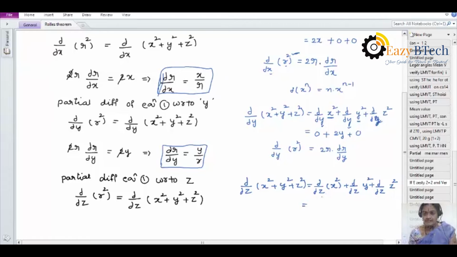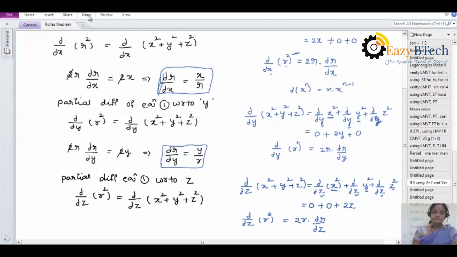Listen carefully students. We are doing with respect to z, and there is no z in x², so the answer is 0. Same for y², there is no z, so the answer is 0. With respect to z for z², z is there, so the answer exists, that is 2z. And the LHS part, ∂/∂z of r²: first applying the power formula, that means 2r, and again applying partial differentiation to the function, that is ∂r/∂z.